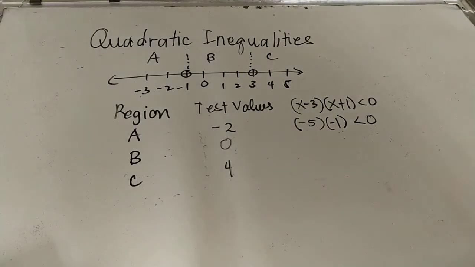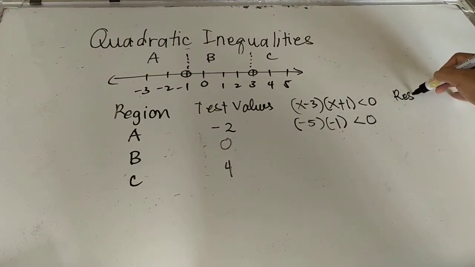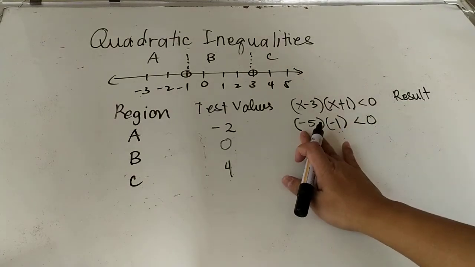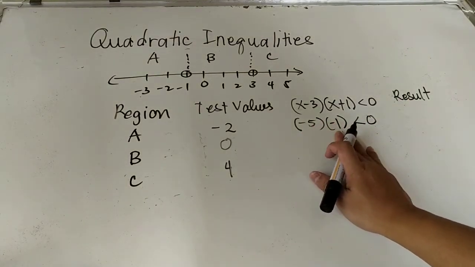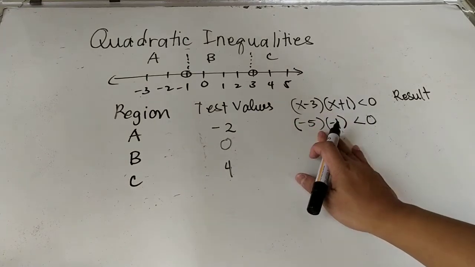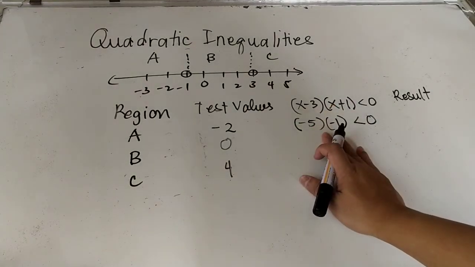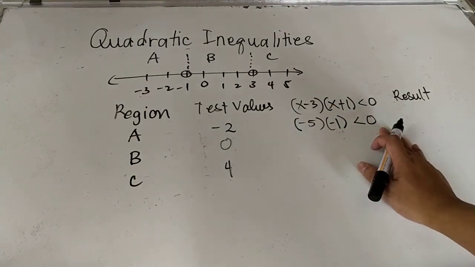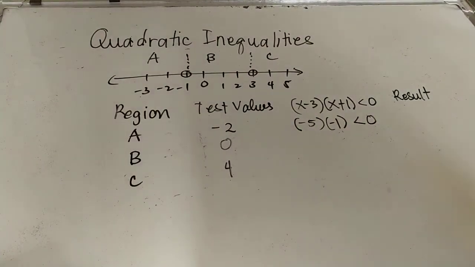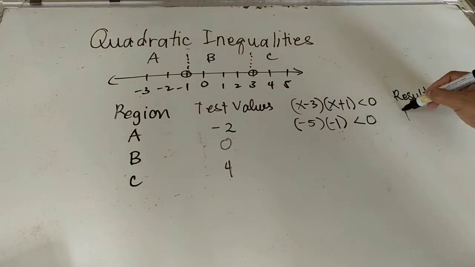So, ang result natin dyan, negative 5 times negative 1 is positive 5. Is positive 5 less than 0? Of course, your answer is false. Okay?